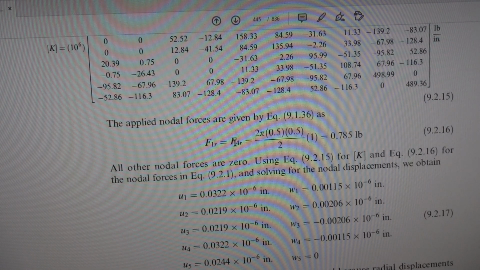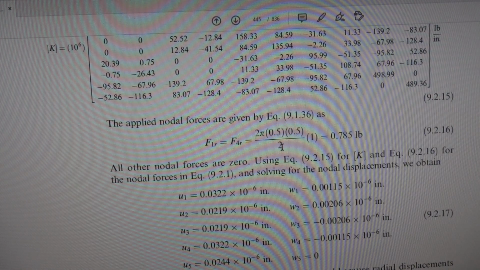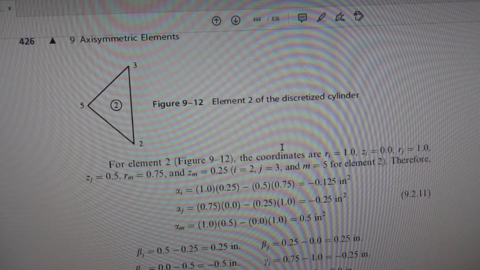This one is F1R, F4R, which is equal to 2 pi into radius, this one is the 0.5 at the inner radius, multiplied by the length on which this UDL acts. So the height of this one is 0.5 inch divided by 2, 0.5 inch it is mentioned.